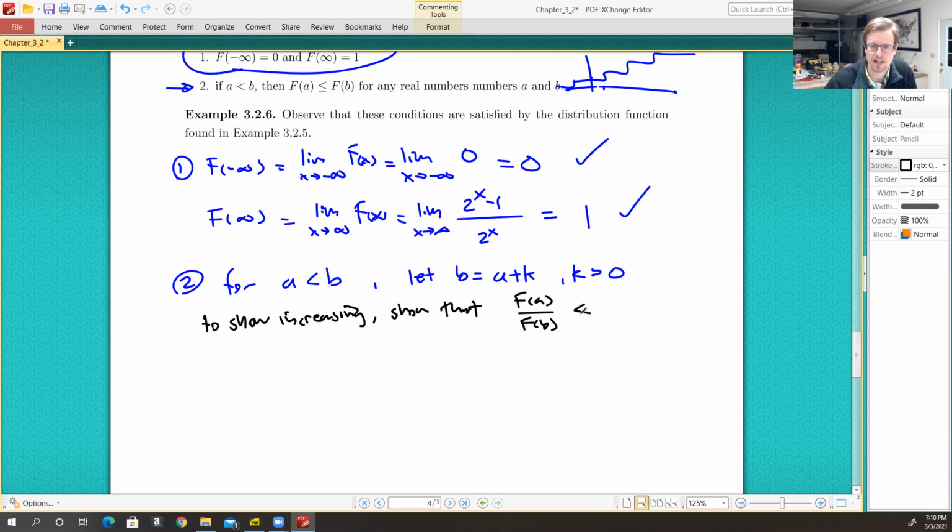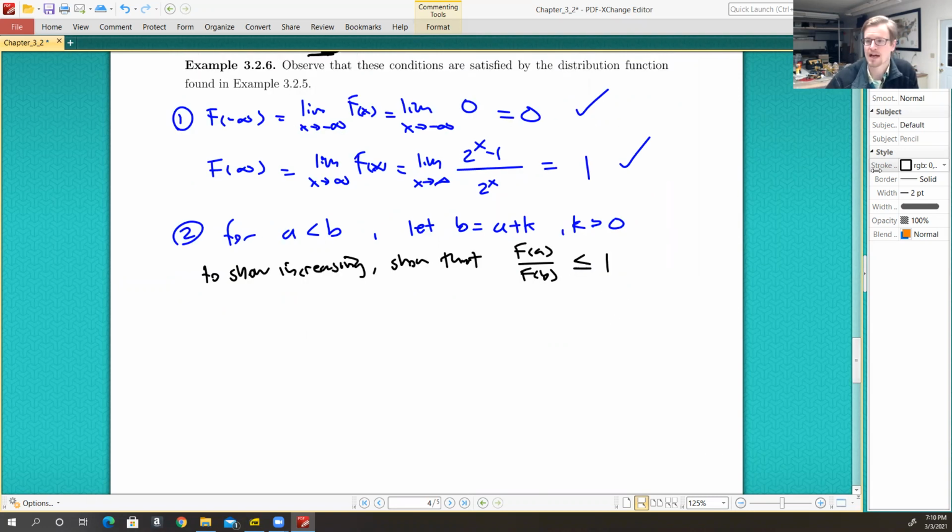So this should be less than or equal to 1 to show that it's increasing, right? If I multiply both sides by f of b, I would have f of a is less than or equal to f of b, which is exactly what we're looking for. So I just want to consider this ratio and find that it's less than or equal to 1, which turns out to be not too bad to do.